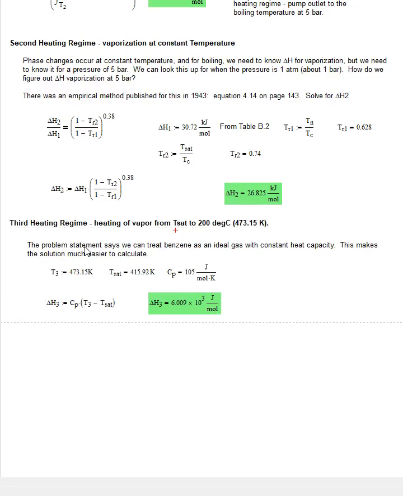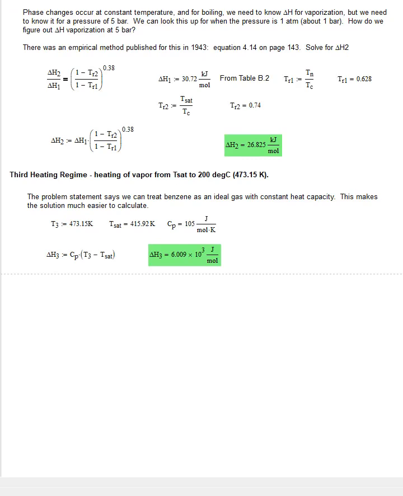This is an easy problem now because the problem statement said we could assume benzene is an ideal gas at these conditions, and it also has a constant heat capacity, so we don't have to deal with that infernal polynomial form of the heat capacity. Our Tsat is our initial temperature, and T3 is 473, our final temperature. Delta H is just Cp delta T, and that's about 6,000 joules per mole.